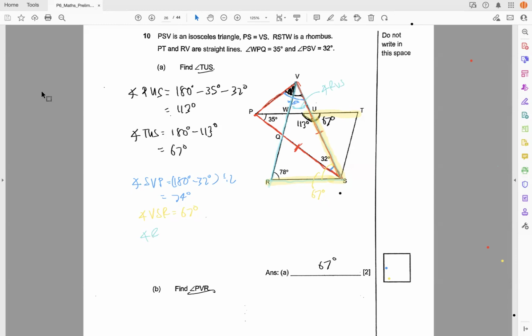Angle RVS will be equal to 180 minus 67 and 78 degrees, 180 minus 78 degrees minus 67 degrees, I get 35 degrees. So now that we know RVS, we can find the answer. Angle PVR will be equal to this angle, which is 74 degrees, minus this angle. The answer is 39 degrees.